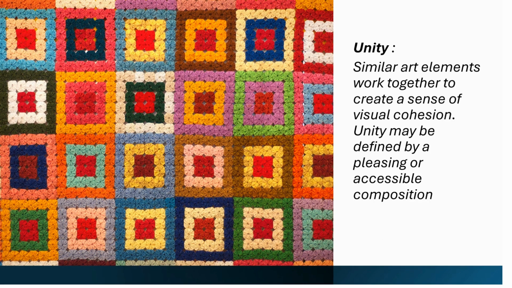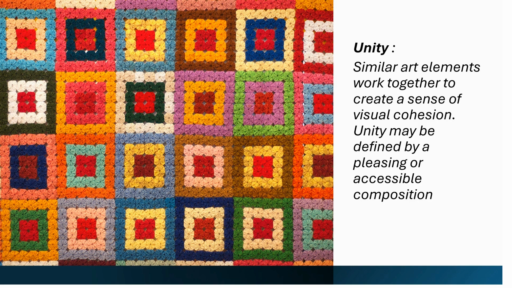Unity is similar elements that work together to create a sense of visual cohesiveness. Unity is usually defined as pleasing or accessible, in some ways calming. So for example, unity might be using colors which are all cool, or maybe shades of blue.